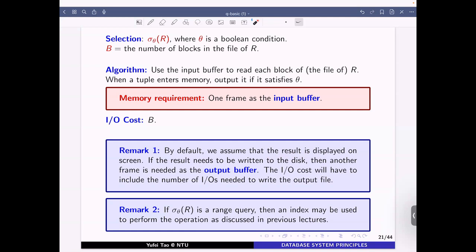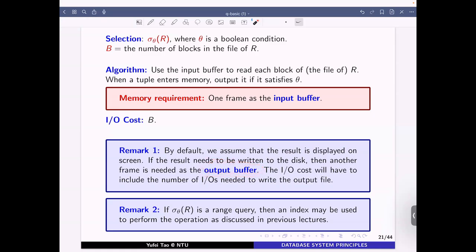This is fairly simple. All you need is just another output buffer. Every time a tuple enters the main memory, and if it satisfies the condition, you add it to the output buffer.